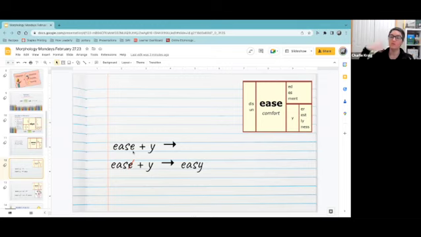And e, one of its many jobs, is one of the most common markers in our English spelling system. One of its jobs is to cancel plurals. If it's not a plural, we throw an e on the end so no one gets confused while reading. So in this case, because it is a final non-syllabic e, when we're adding the y suffix, which in this case is acting as a vowel, we are getting rid of that e and plopping on the y suffix to create the word easy, easy.